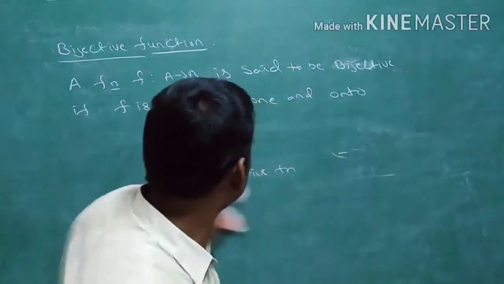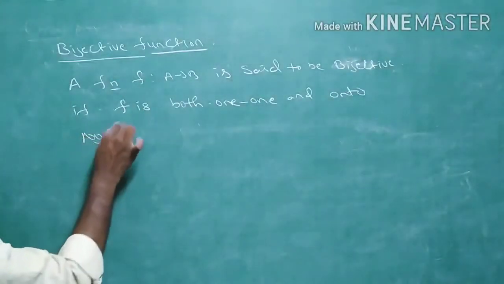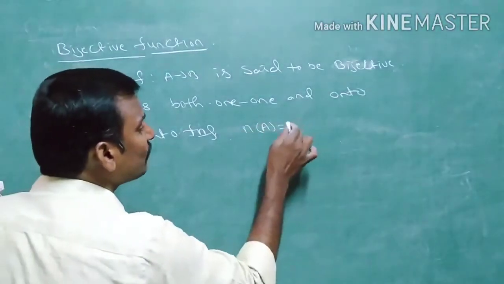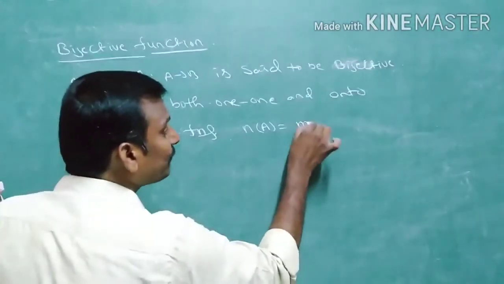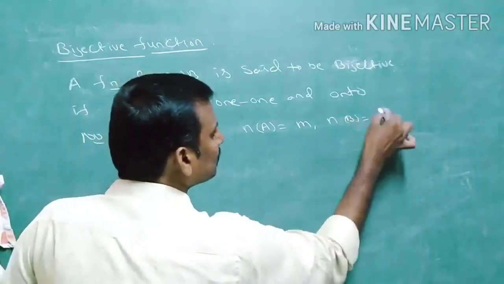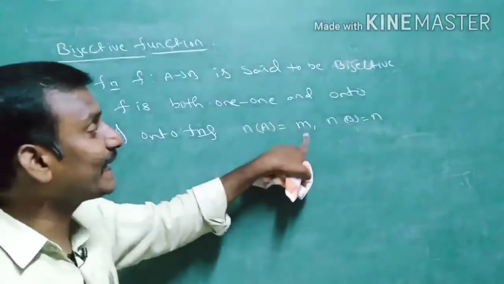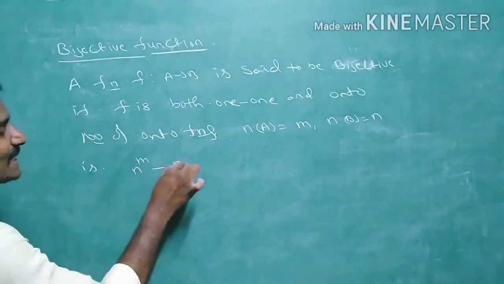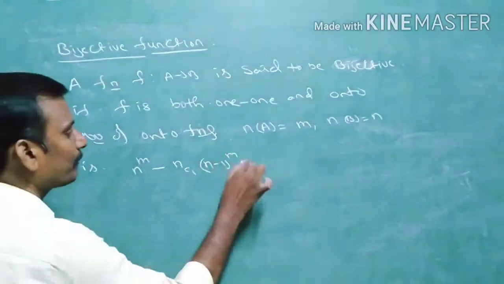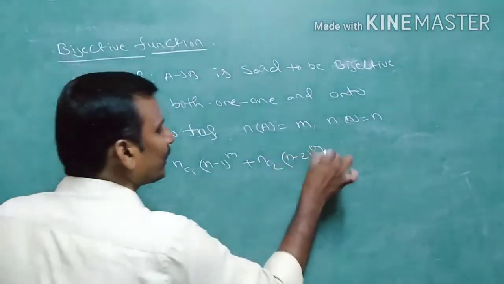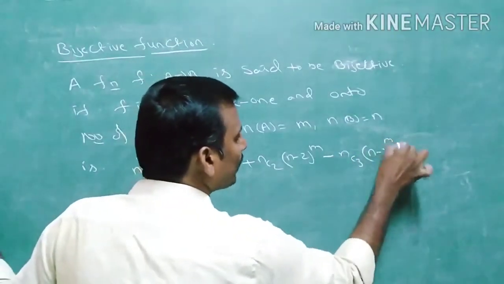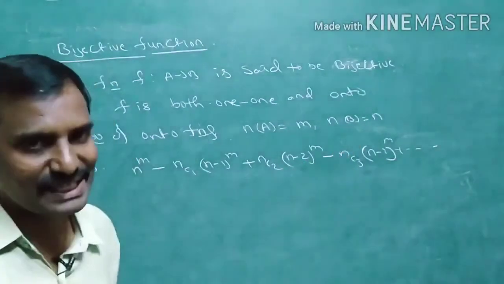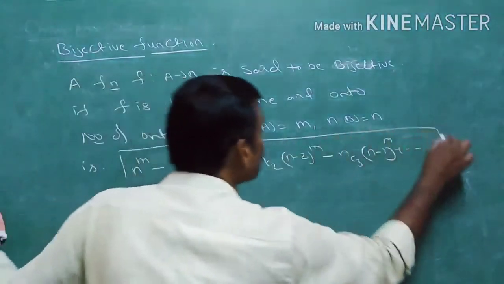Okay, so the number of onto functions, if set A contains m elements and set B contains n elements, the formula is n^m minus nC1 (n minus 1)^m plus nC2 (n minus 2)^m minus nC3 (n minus 3)^m, and so on, continuing up to n minus n, which is 0. Okay, this is the formula for the number of onto functions.